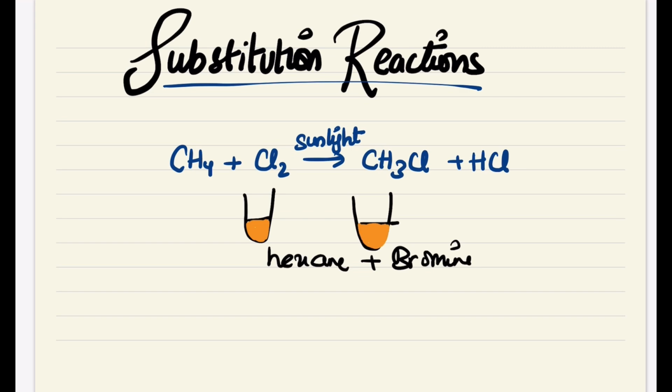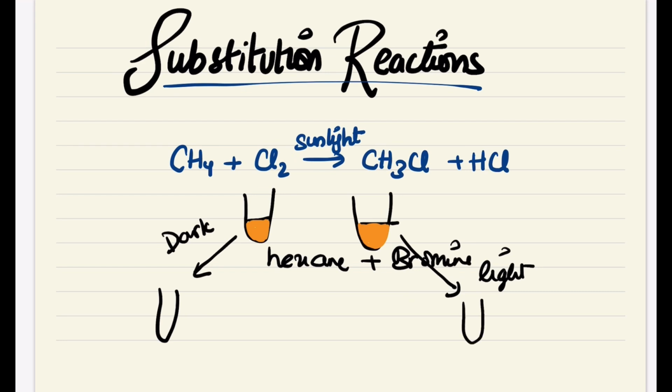Now, when I leave this in 2 different conditions, so one of them, I'm going to leave it in the dark. And the other, I'm going to leave it in light, right? So what do you think is going to happen? Well, the one that you left in the dark is actually still going to have that orangish brown color.